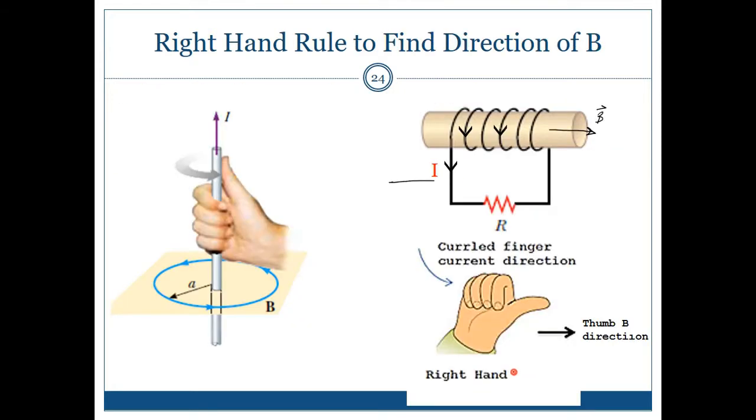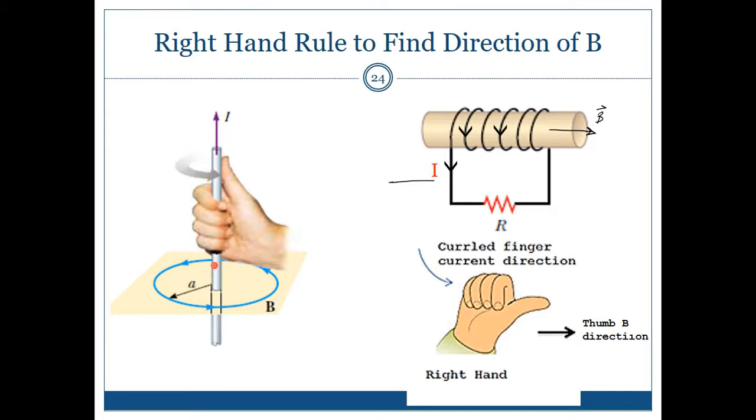We also had right-hand rules to find the direction of the B fields, magnetic fields. If you have a current carrying wire that is straight, then you put your thumb along the direction of the current, and your fingers make a circle around your thumb. They are curling around your thumb, showing the direction of the B field.